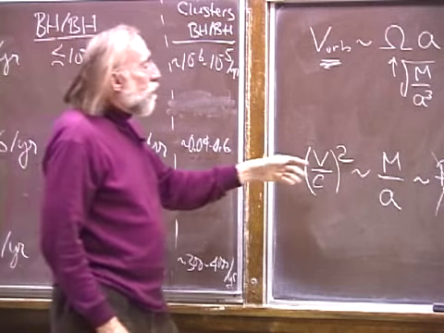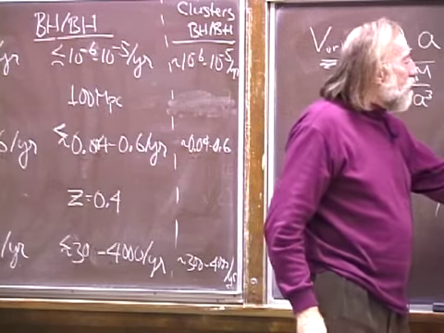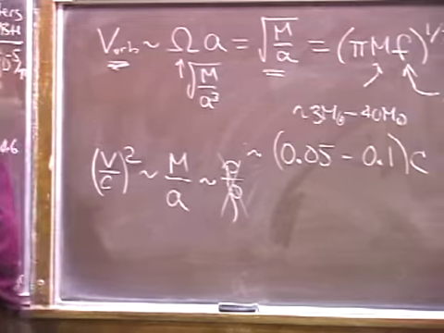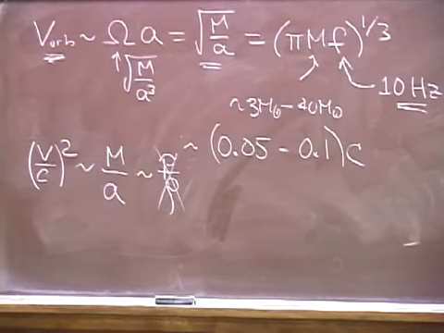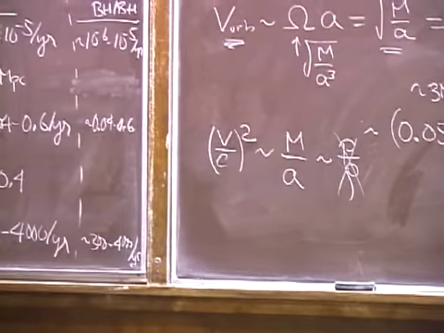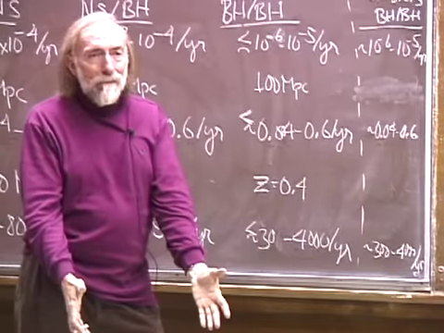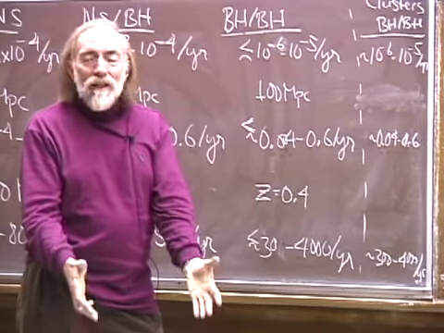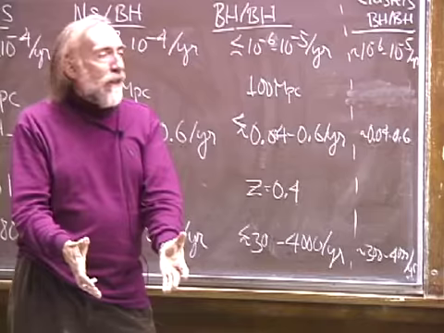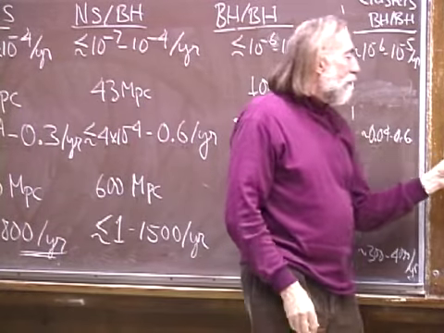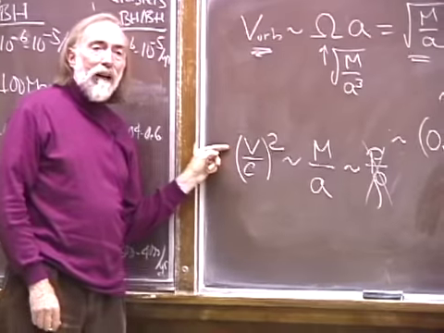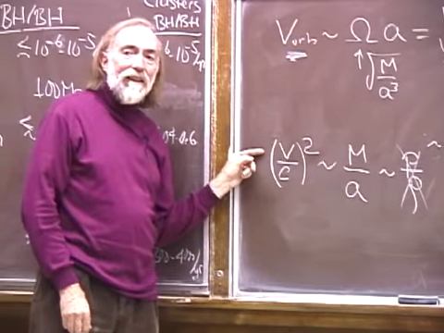Now, v over c squared is about 10 to the minus 2 when you enter the LIGO band, but we need waveforms accurate to a part in 10 to the 5. So when you just enter the LIGO band, you've got to go beyond Newton by a couple of more orders in v over c.